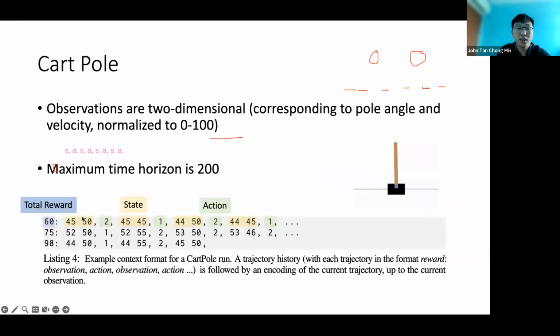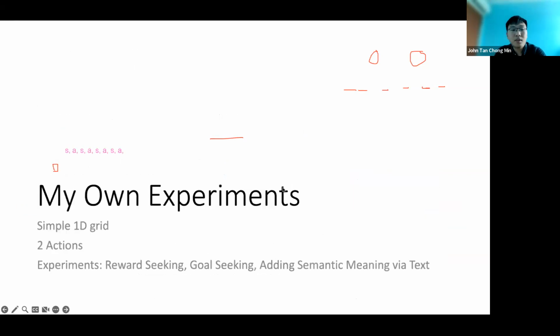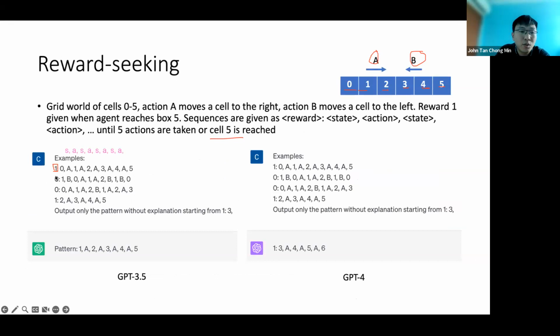But if you look at the CartPole here, it's also state action, state action, state action. So we do the method that they did in the paper. And you can see that a reward of 1 means that the end outcome reaches cell 5, and a reward of 0 means it doesn't.